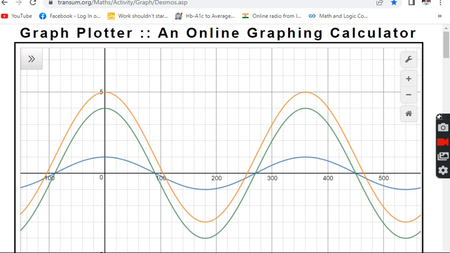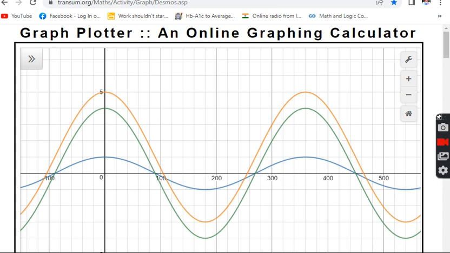You have to focus only on from 0 to 360 degree. Don't see beyond 360 degree and don't see before 0 degree. Just focus all blue, green and red curves from 0 to 360 degree.